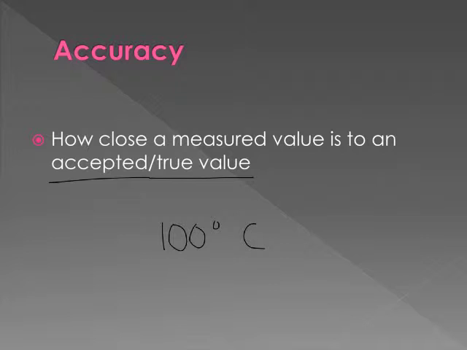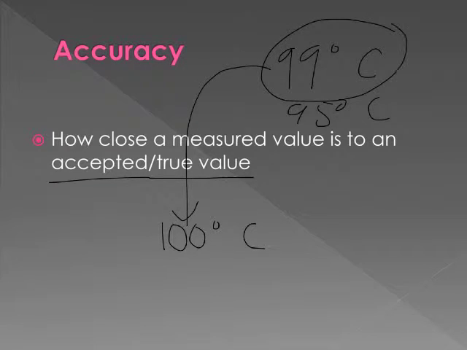Say you have two measurements, and in one of them you get 99 degrees Celsius, and the other one you get 95. Which one's more accurate? Obviously the one closer to 100. So accuracy is just related to how close your measurement is to your accepted, your theoretical, your true value.